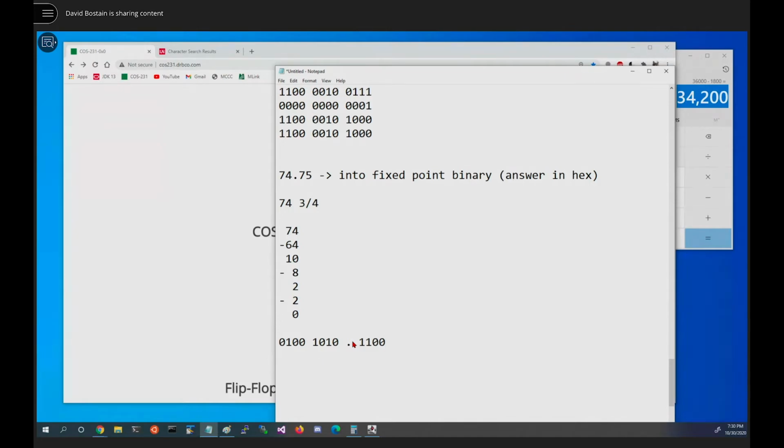So that means we can write down the number 4A point C. And we have succeeded in writing that in hex in fixed point binary. Any questions about that?